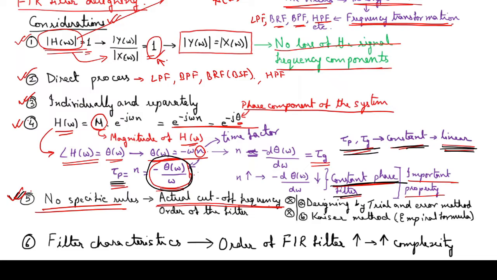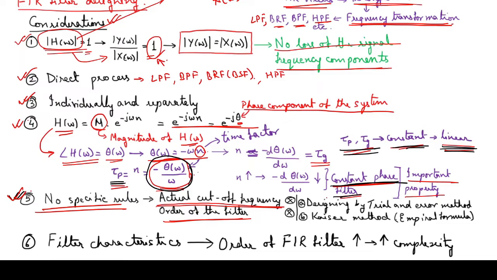It is very difficult to design a FIR filter with actual cutoff frequency, and it has to be a trial and error method. And secondly, the order of the FIR filters is quite high. It is usually, say, 80, 100 or even more. So the order of the FIR filters is very high.